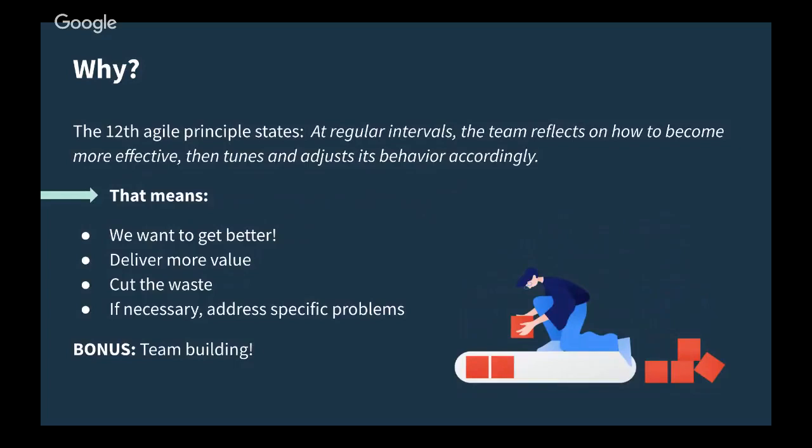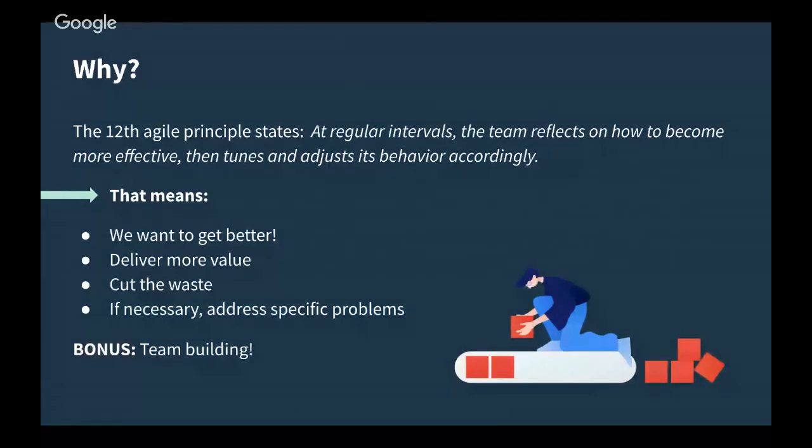that could be necessary. So why do we do retrospectives? Well, here is a quote from the Agile Manifesto that I'm sure everyone here cites every night before going to bed. And what it says is that the team should meet regularly to adjust its behavior and try to be more effective.